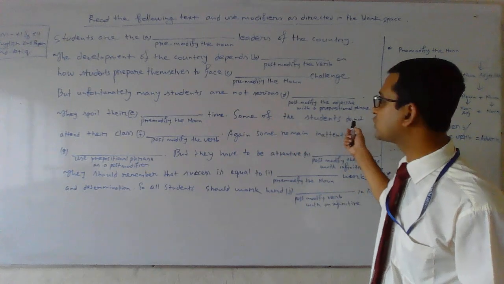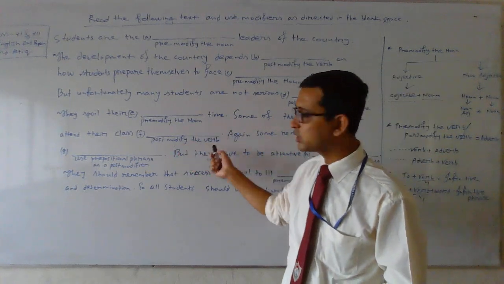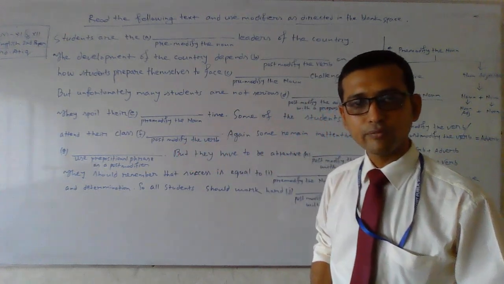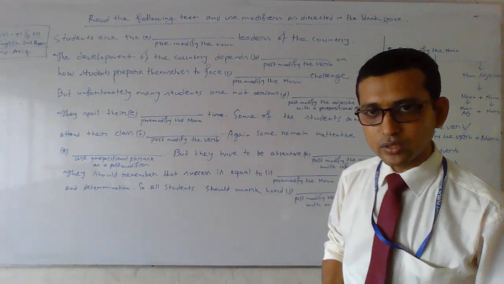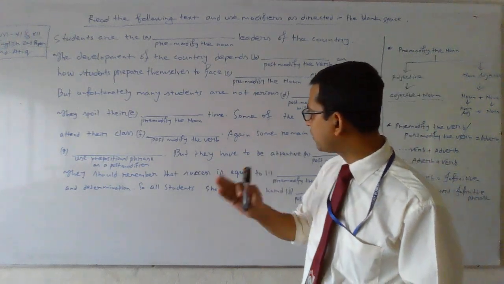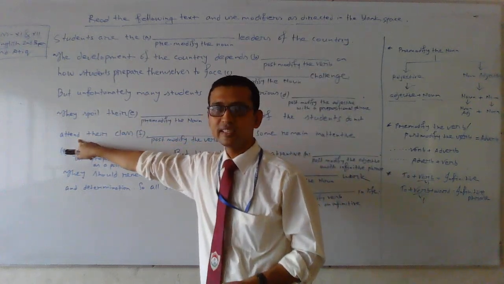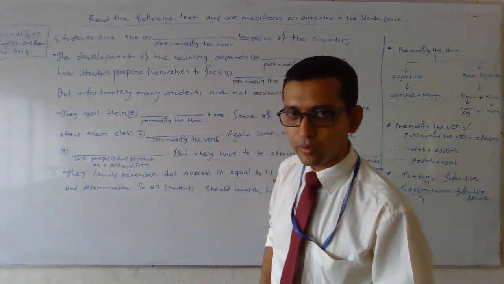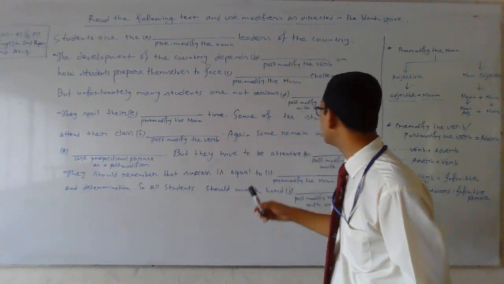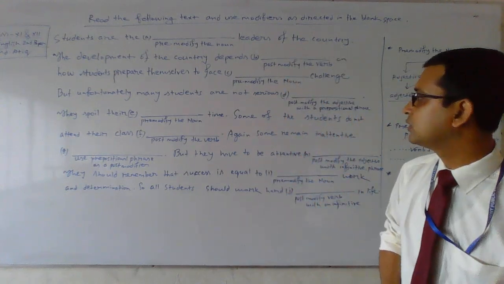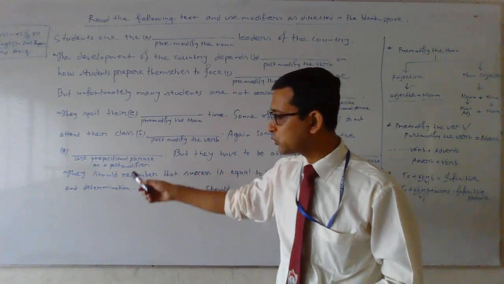Some of the students do not attend their class post-modify the verb. Again, post-modify the verb equals adverb. We will have to think of an adverb which will modify the verb. What is the verb? Attend is the verb, and it will be modified with another adverb. Again, some remain inattentive. Use a prepositional phrase as a post modifier.